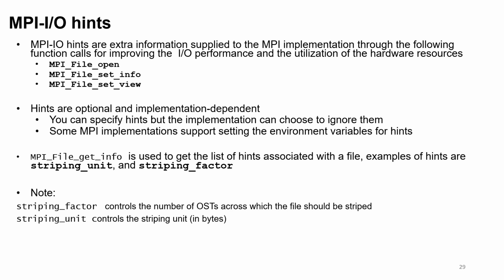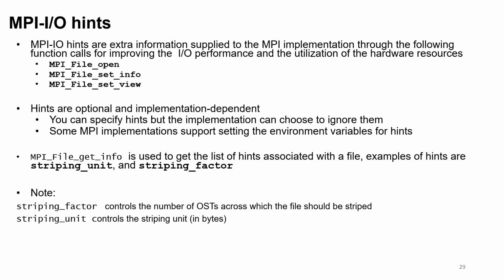The hints could be in the form of, for example, striping factor or striping unit for Lustre. When we say striping factor, we are mentioning the number of OSTs across which the file should be striped. The striping unit controls the striping size in bytes.